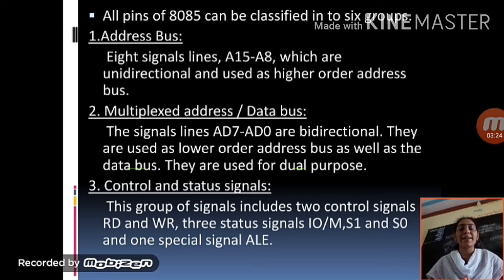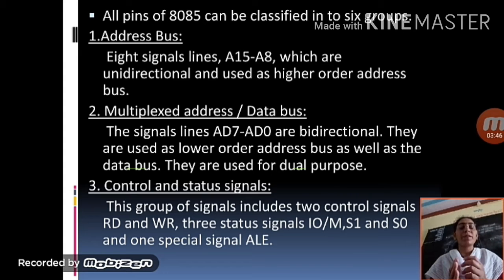First is the address bus, 8 signal lines A15 to A8, which are unidirectional and used as the higher order address bus. Unidirectional means it works in only one direction, it will only send, not receive.